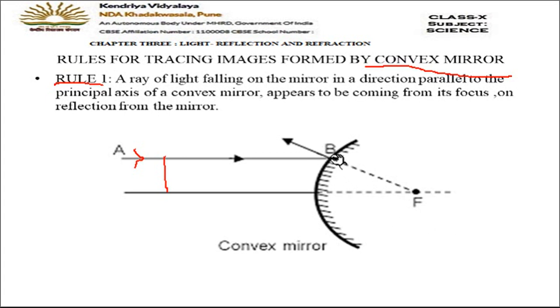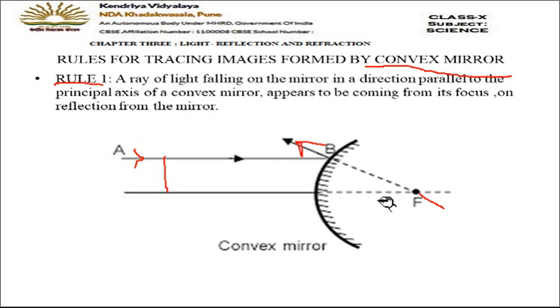But if you back trace this reflected ray, you will find that the ray is passing through the point F. So how can we change the language and say that when a ray of light falls on the mirror in a direction parallel to the principal axis of the convex mirror, it appears to be coming from its focus.